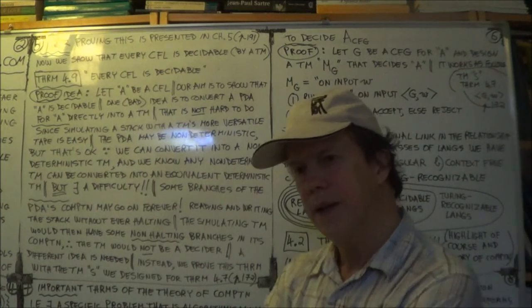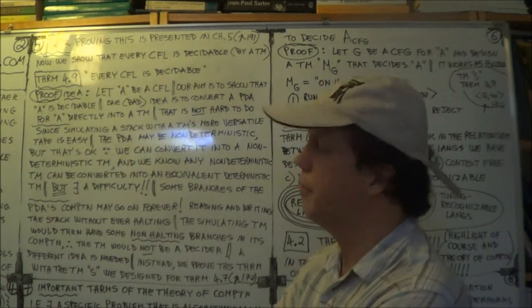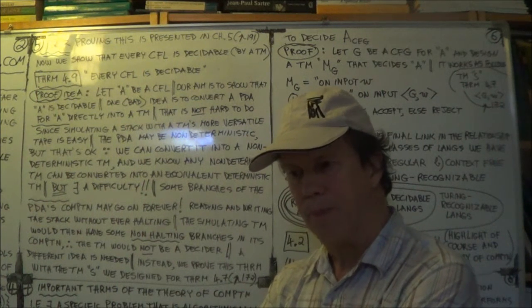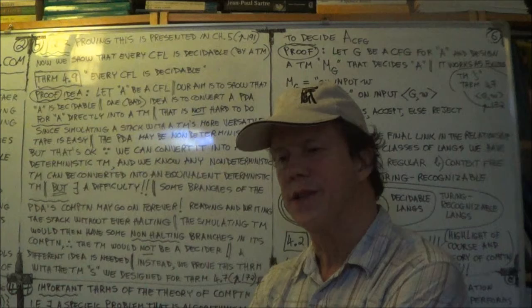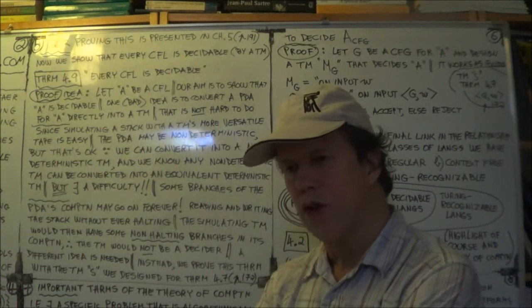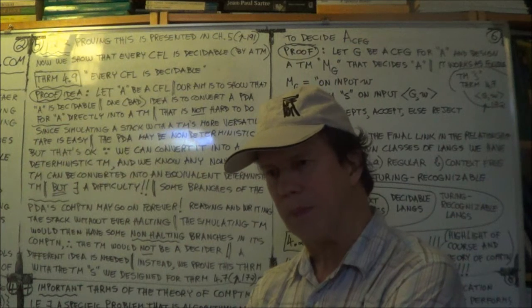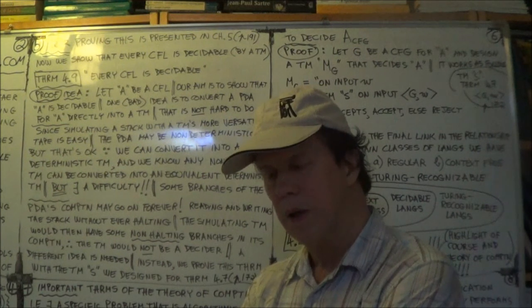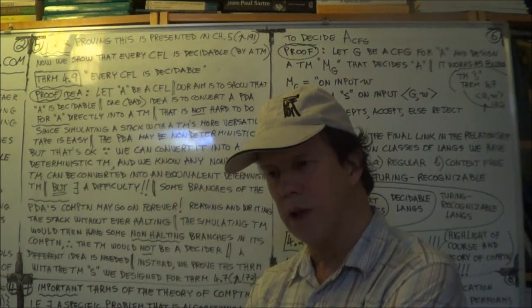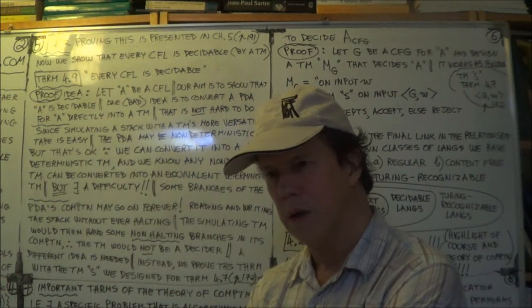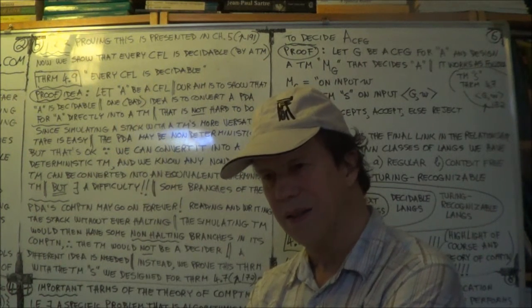So how do you prove that a context-free language is decidable? You create a Turing machine that will accept every string in that language and reject every other. And how to do that?